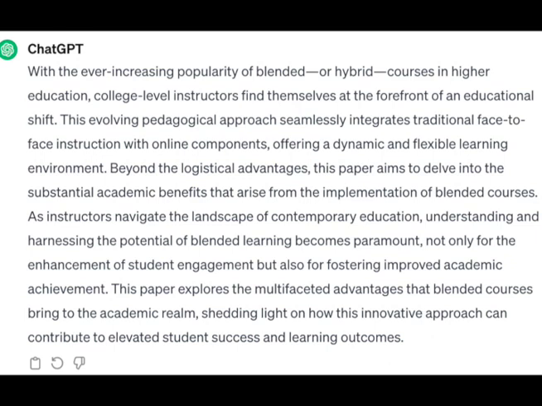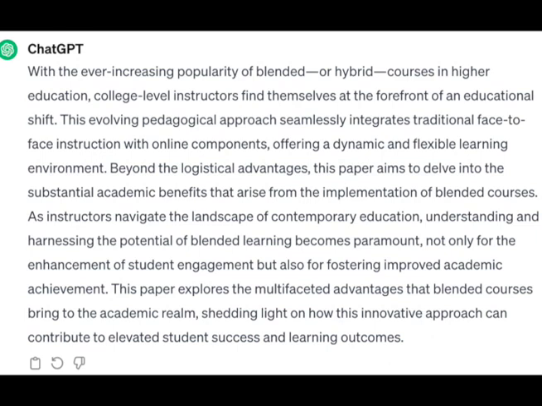This evolving pedagogical approach seamlessly integrates traditional face-to-face instruction with online components, offering a dynamic and flexible learning environment. Okay, still somewhat broad. Beyond the logistical advantages, what are they? I think that's a little vague. This paper aims to delve into the substantial academic benefits that arise from the implementation of blended courses.